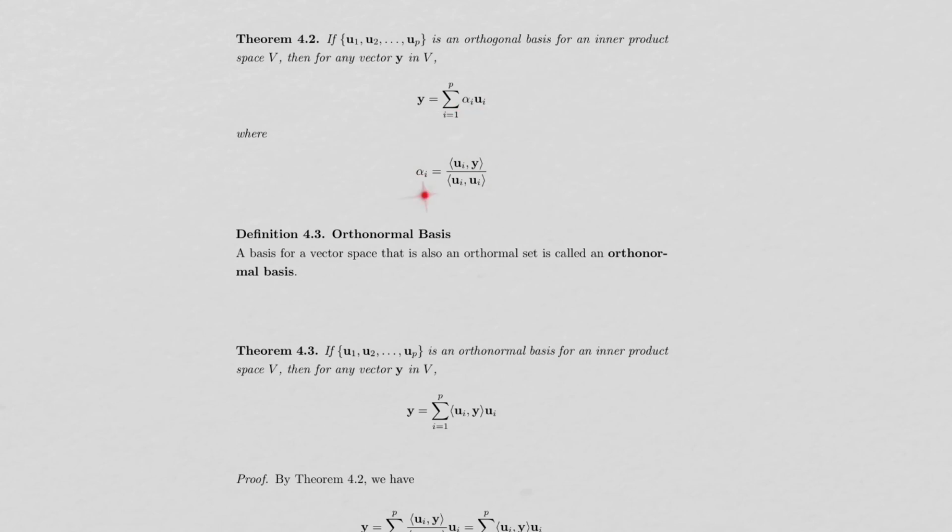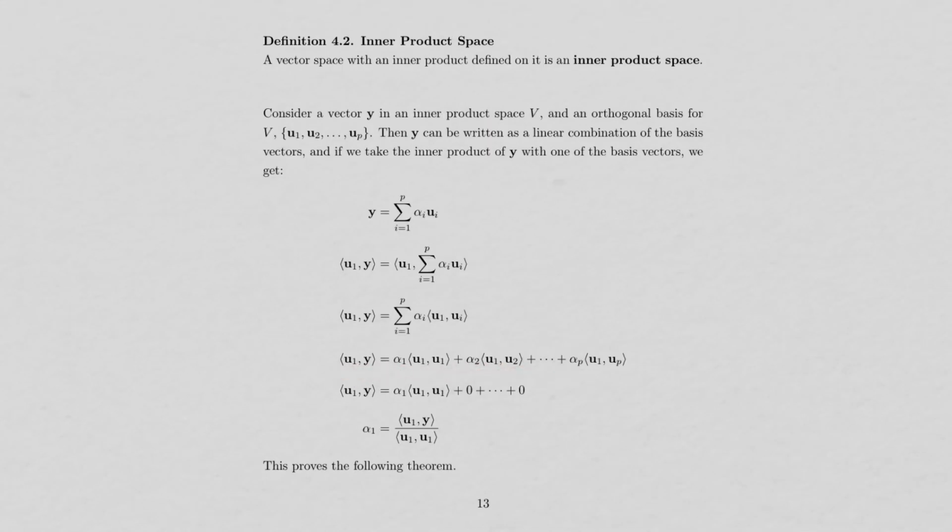This may not seem like a big deal to be able to have a formula for these alphas, but if we think about how we would find these alphas, if we go back to this step here, if these inner products weren't all 0, if these zeros actually were non-zero numbers, and if I was trying to solve for alpha 1 here, well, I'd have an equation with alpha 1, alpha 2, all the way to alpha p.